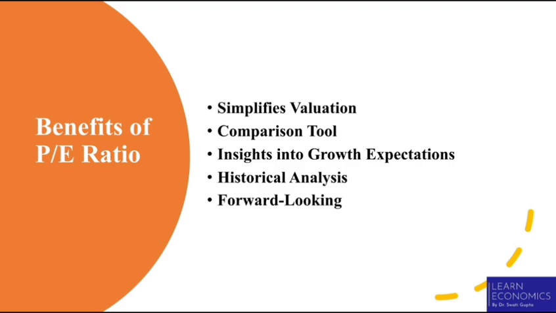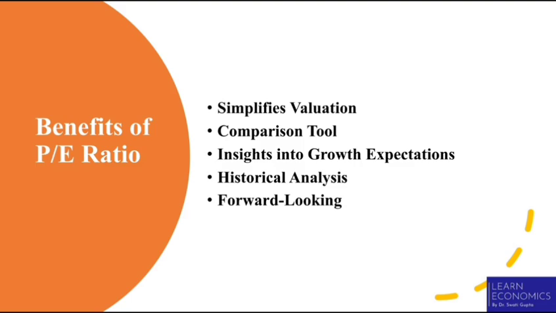Generally, companies in high growth industries such as technology or biotech have higher PE ratios as investors expect healthy earnings growth. For example, a tech company's PE ratio is 40, which may seem expensive compared to the industry average. But this higher ratio could be justified if the company is expected to grow its earnings by 30 to 40% annually.